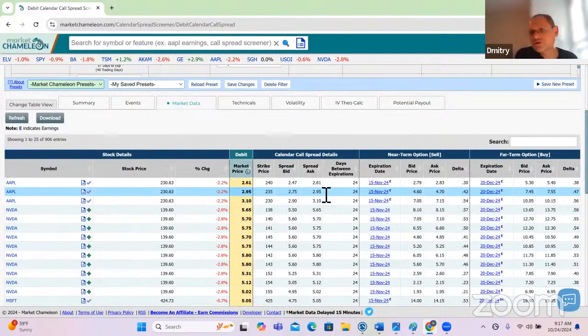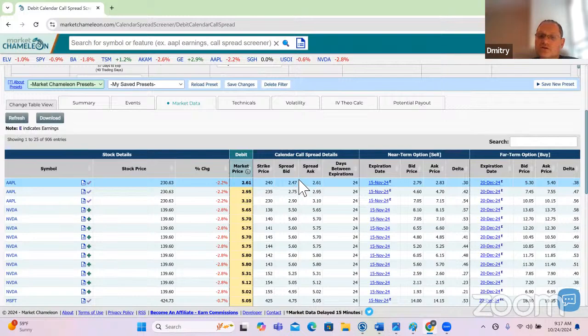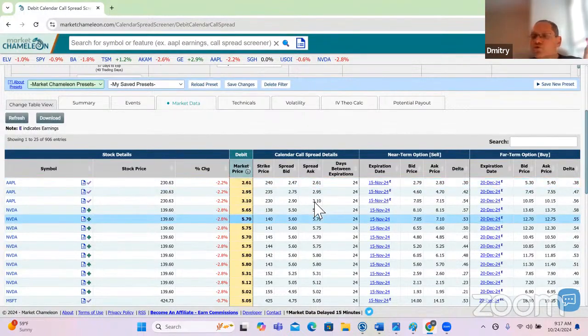The lower the price you could buy, the better it is, because you have less risk and potentially more reward, right? If you're selling something, you're trying to sell it at the highest price. So given that here's the market, 247, 261, there's some room away from the offer to get a better price.